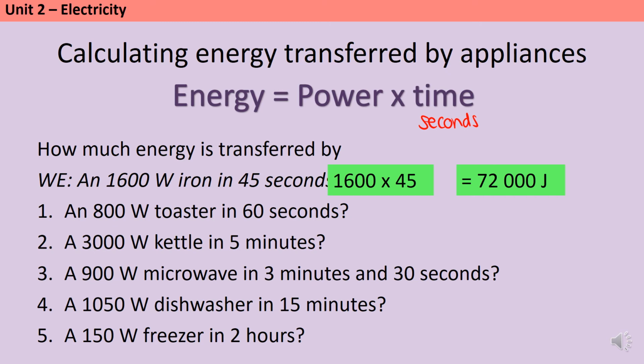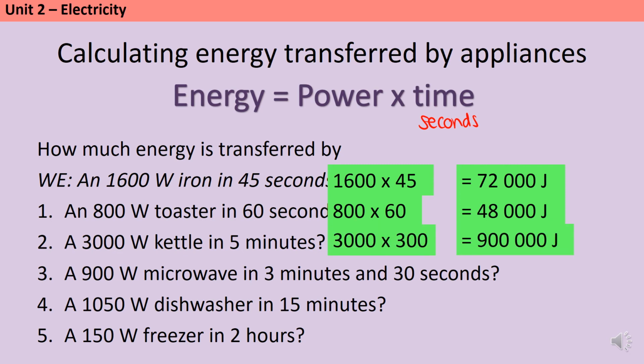In 60 seconds, an 800 watt toaster will transfer 48,000 joules of energy. In 5 minutes, that needs converting to be seconds, so 300 seconds, a 3000 watt kettle transfers 900,000 joules. 3 minutes and 30 seconds is 210 seconds, and in that time a 900 watt microwave will transfer 189,000 joules of energy.